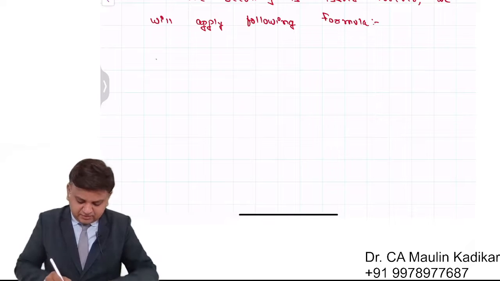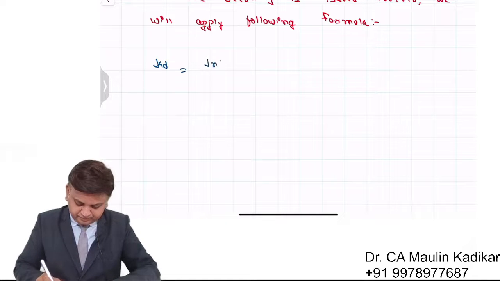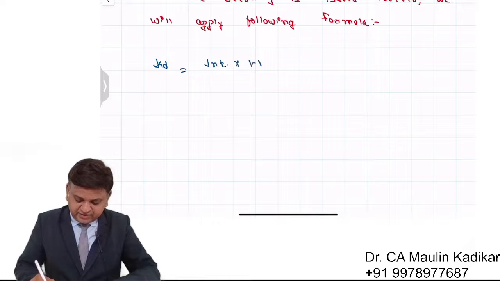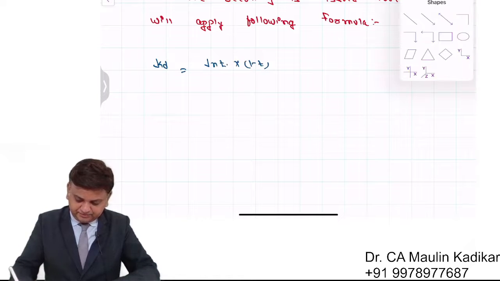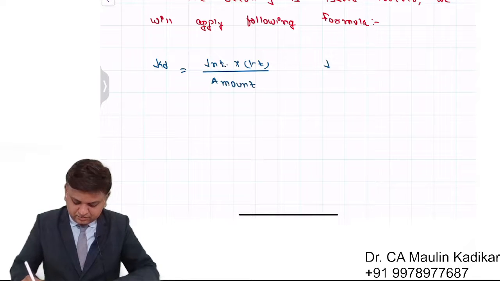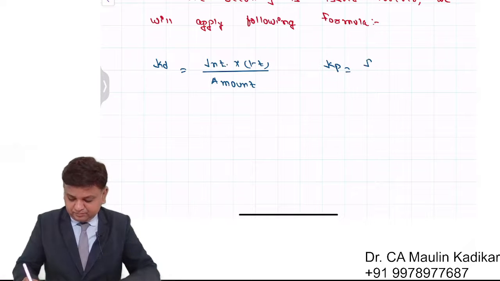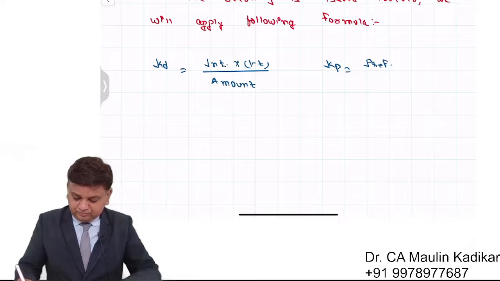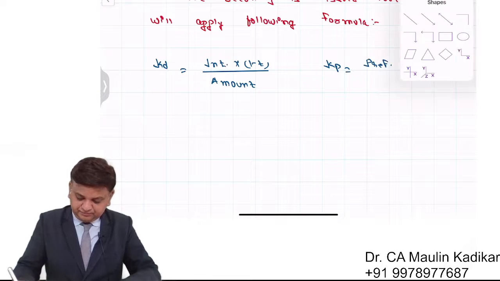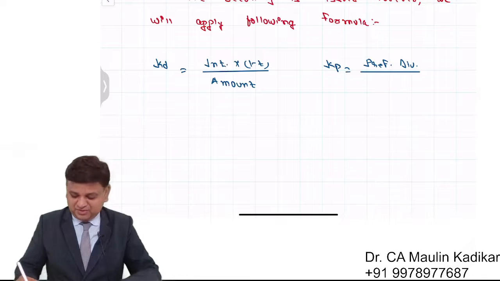Please write down the formula. KD is interest into 1 minus T divided by amount. KP is equal to preference dividend divided by amount.